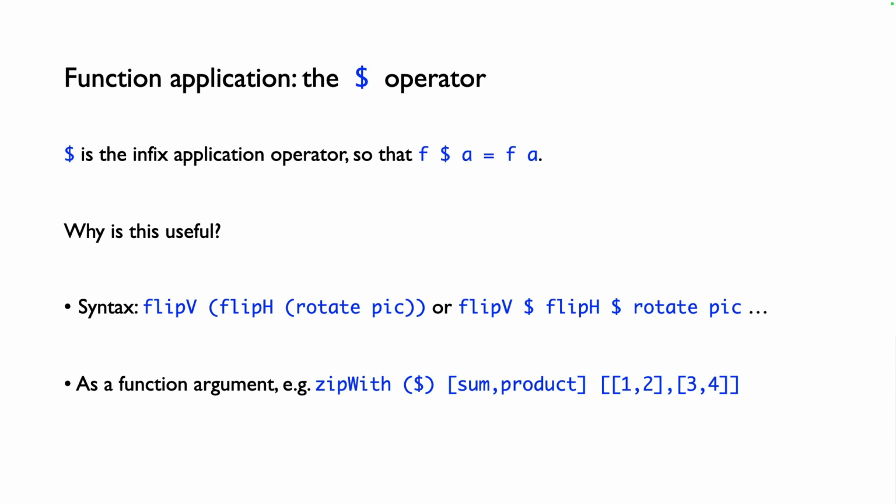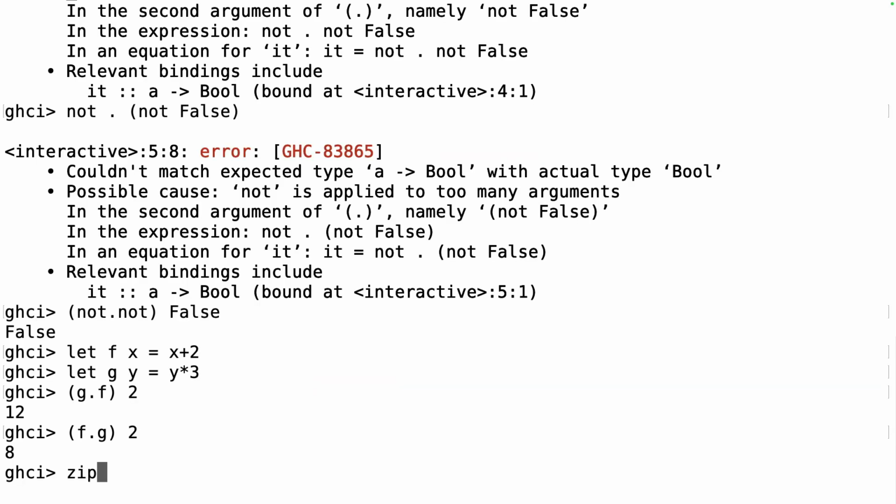And indeed, we could try that out interactively. So we could zip with dollar, and what we were saying, sum product and the list 1, 2 and 3, 4.